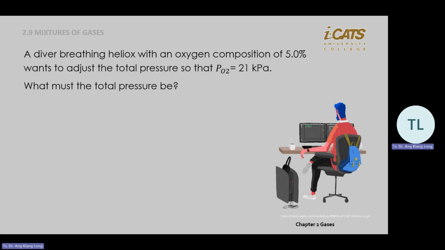It's breathing in 5% of oxygen. He wants to adjust the total pressure so that P2 is 21 kilopascal. So you write the partial pressure equation. Partial pressure equals fraction multiplied by total pressure. The first equation that you see.